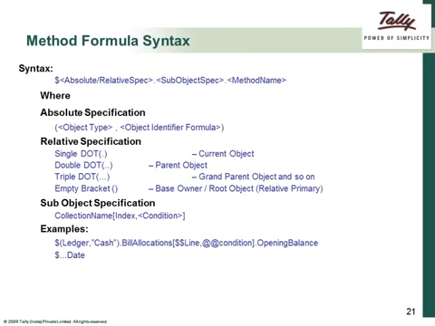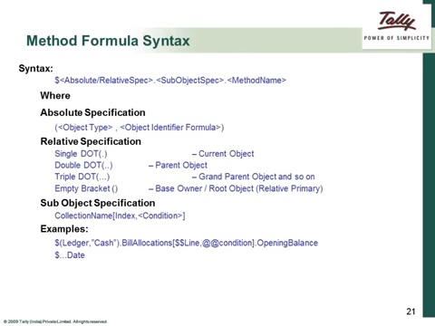Now dot acts as a separator, to change the path from the main primary object. Bill allocation is the sub object to which you need to drive in. Open square bracket.